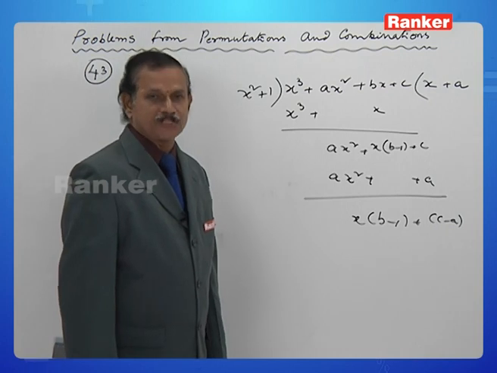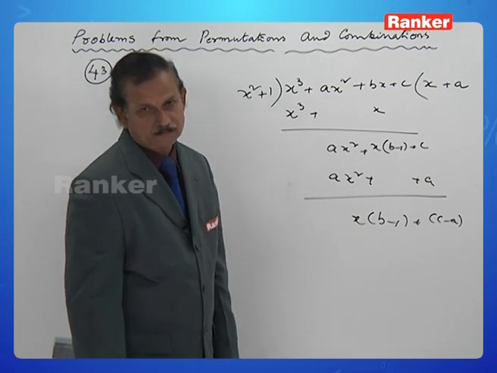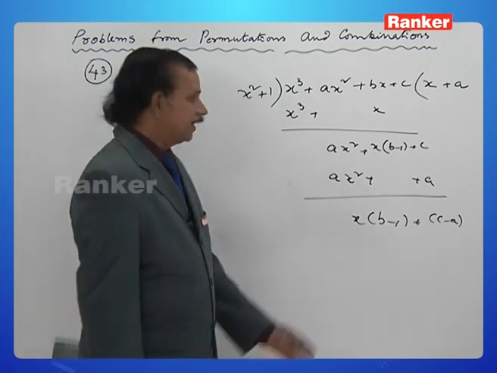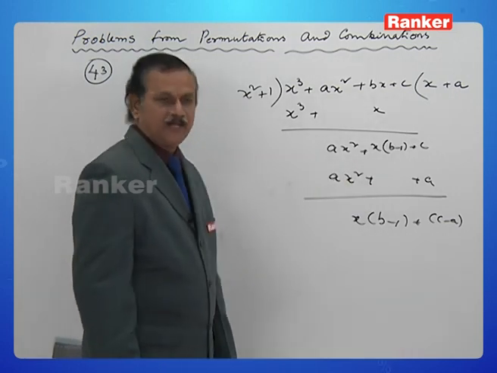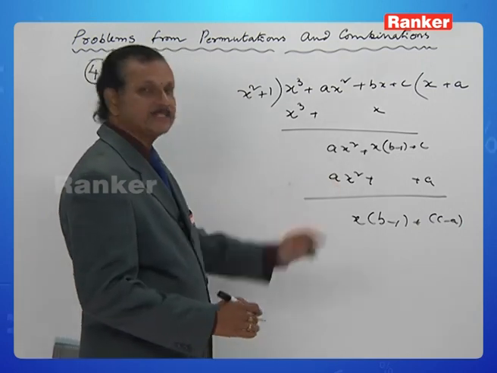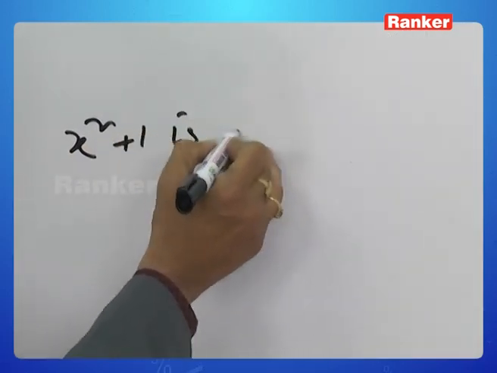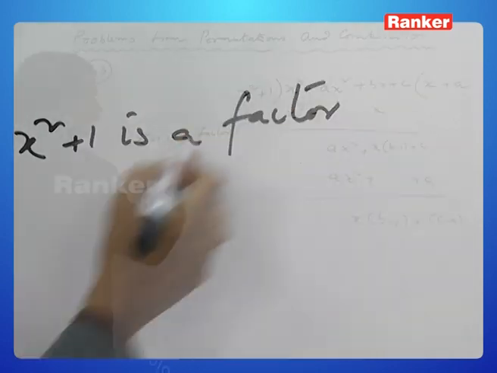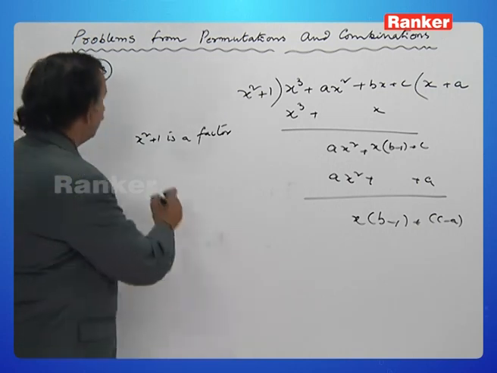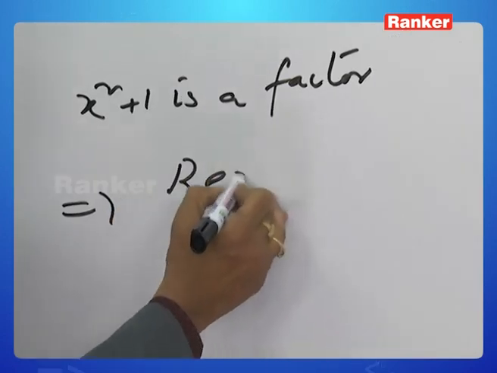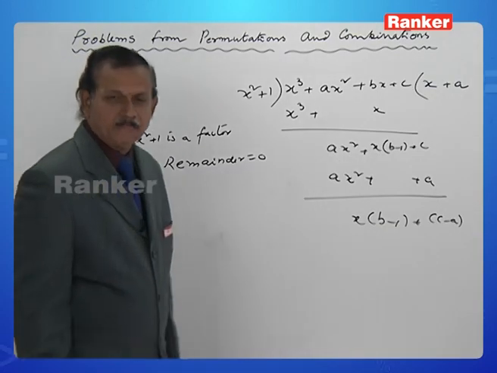But the required condition is the polynomial must be divisible by x square plus 1. For that, what is required? The remainder must vanish. The remainder must be 0. Therefore, x square plus 1 must be a factor, implies remainder is 0.